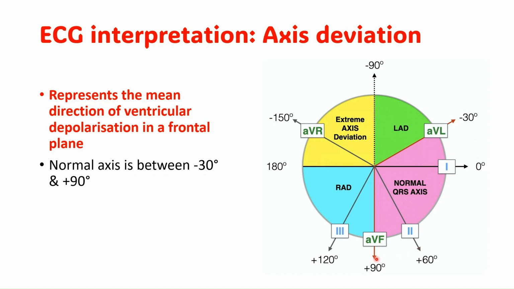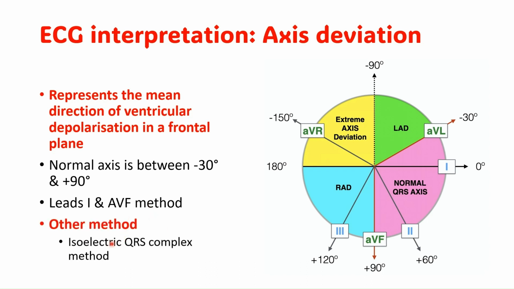And my personal favorite method to determine if there's any axis deviation, or if the axis is normal, is the leads 1 and AVF method. Other methods include the isoelectric QRS complex method, and I suggest you have a look at this in your own time. I personally prefer the leads 1 and AVF method.